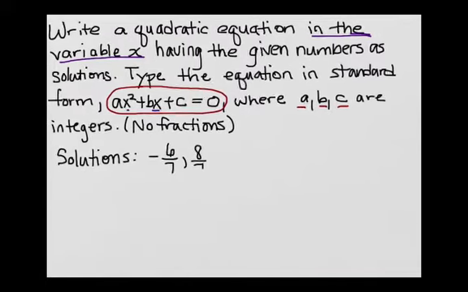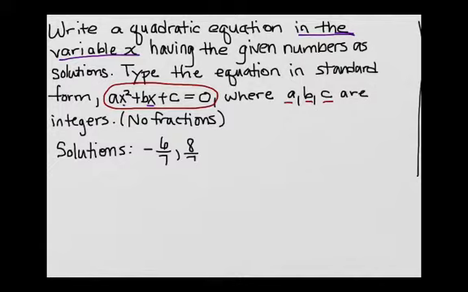So let's go back over here to our original problem, and let's start off with our statement of our two solutions. x is equal to negative 6/7, or x is equal to 8/7.